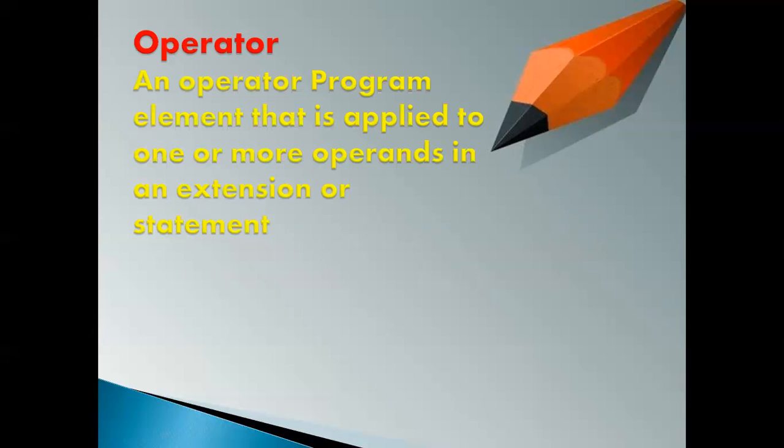Let's learn about the next point, which is very important and very easy. I hope you will understand easily. Operators. An operator is a program element that is applied to one or more operands in an expression or statement. Actually, operators control everything. In commands we generally use different operators, and we control the programs.